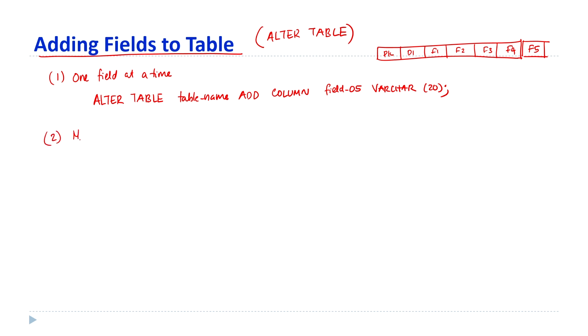The second option is more than one at a time. How do you do this?